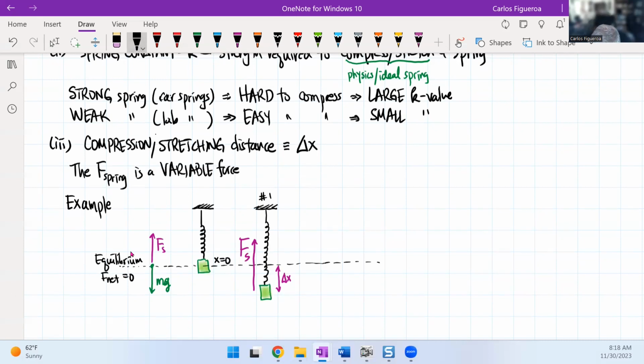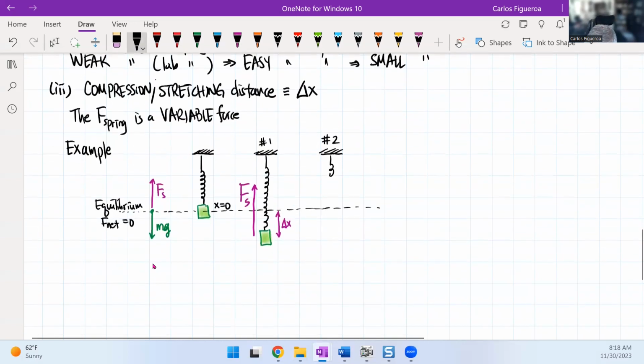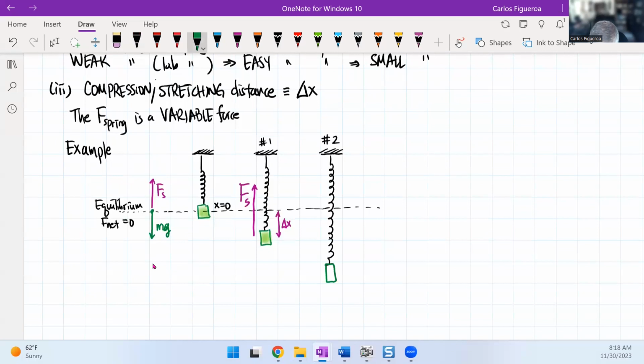So now, experience shows us here in the second situation that if I take this spring and pull it down even further, I have to pull down much harder. The reason why I have to pull much harder here is because the spring force has actually changed and now is larger.